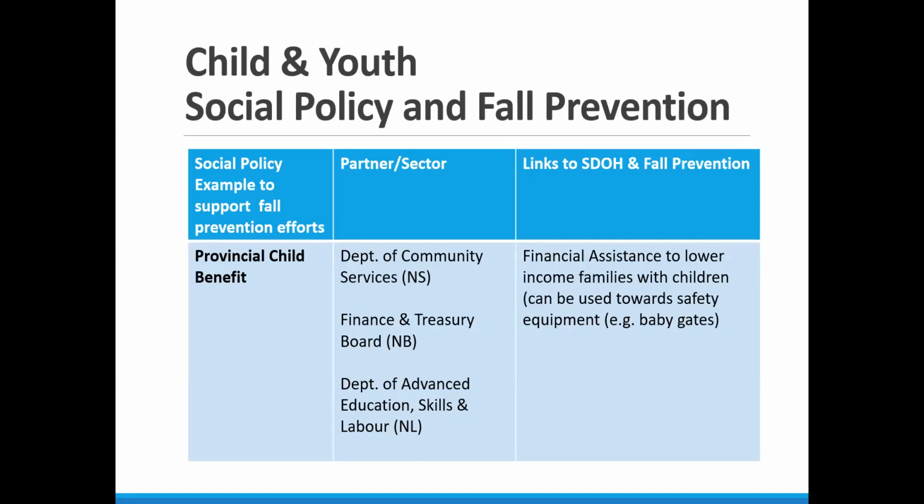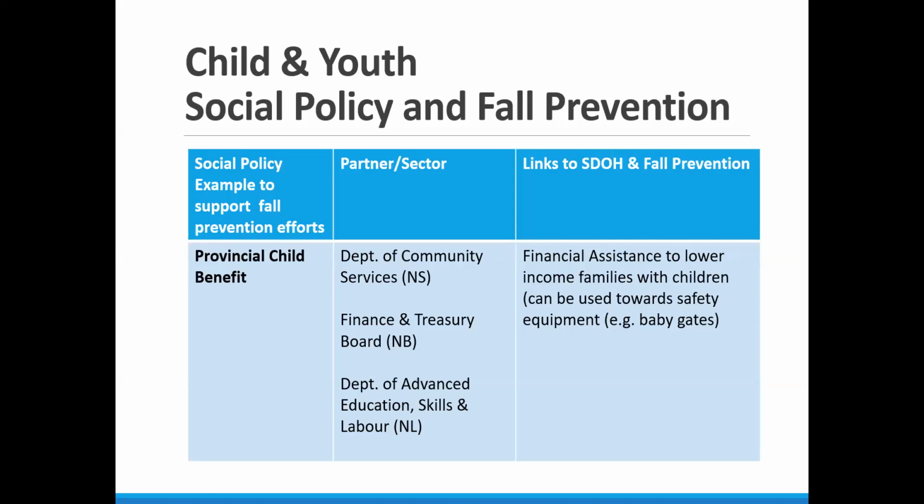The first example would be the provincial child benefit. In Nova Scotia, the partner would be the Department of Community Services. In New Brunswick, we understand it's from Finance and Treasury Board. And in Newfoundland, it's the Department of Advanced Education, Skills and Labour.